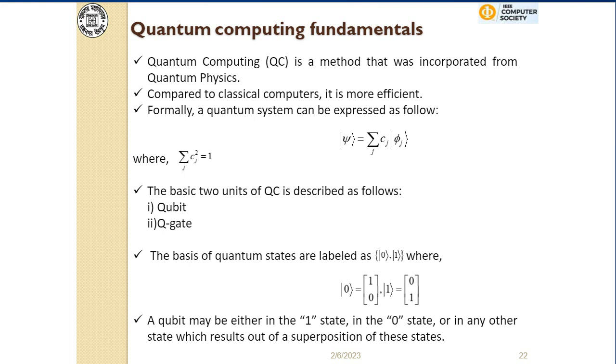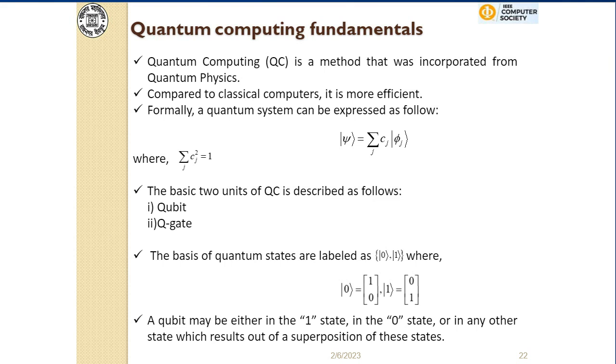Based on this, quantum computing is one of them, and it is based on the principles of quantum physics or quantum mechanics. Any quantum system emanates from Schrodinger's principle of uncertainty or wave particle duality, where you can visualize any particle as a wave and vice versa. So any particular wave or particle or quantum system can be characterized by a wave function in this form.